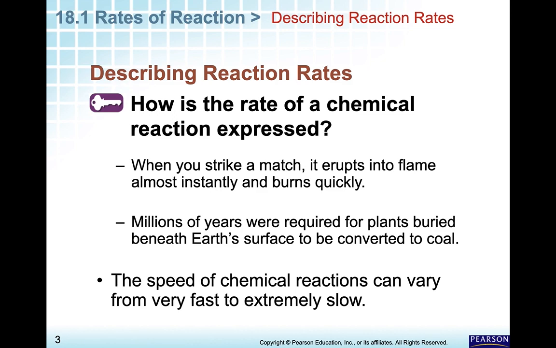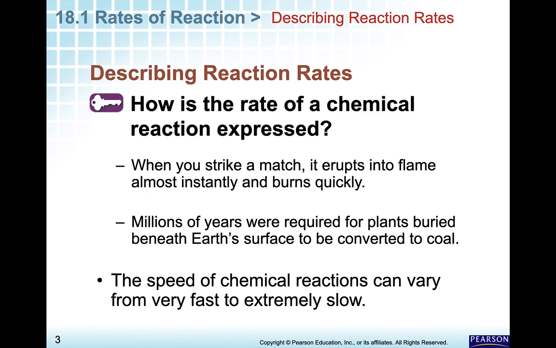In contrast, we know that carbon beneath Earth's surface undergoes a chemical reaction to become coal or diamond or other forms of carbon, but this happens over millions of years.